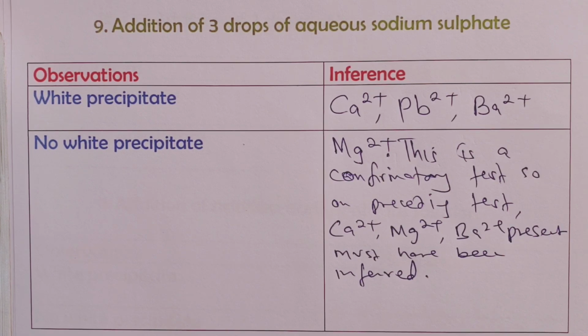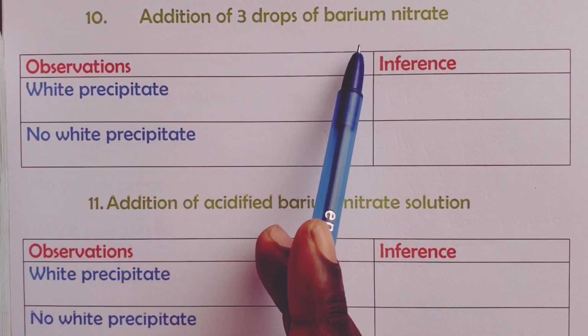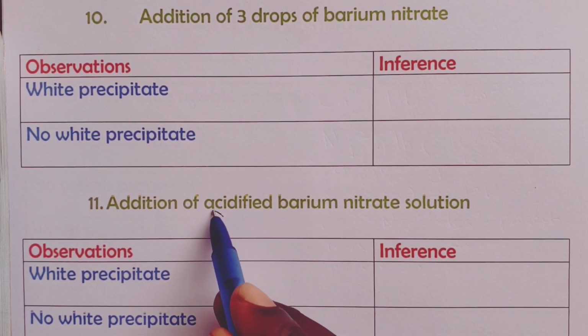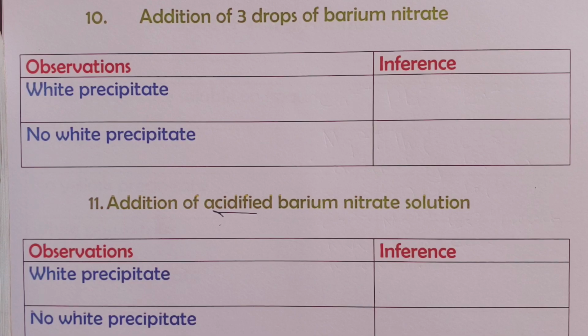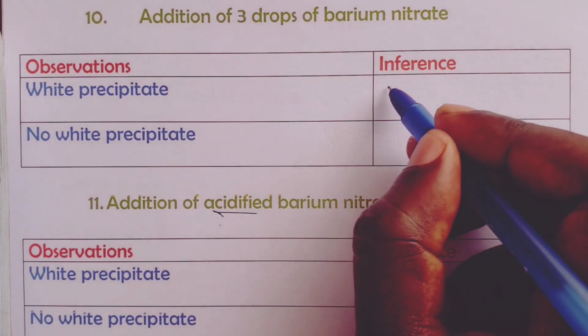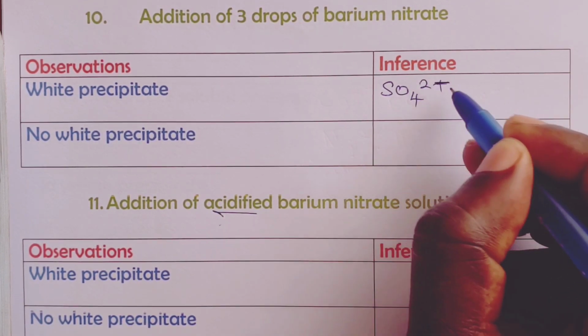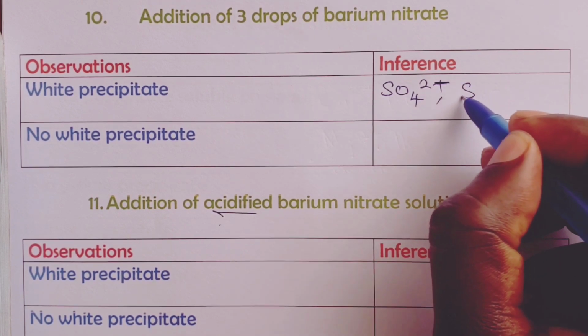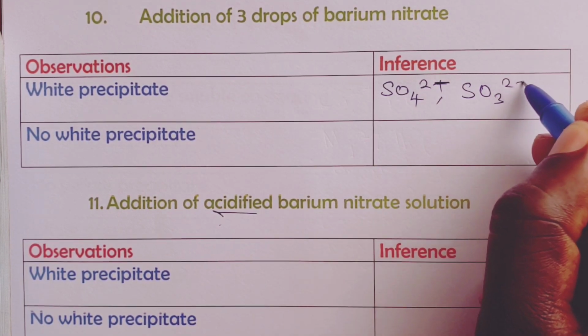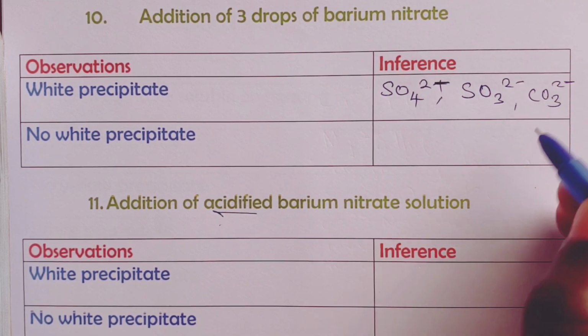Let's proceed to using barium nitrate as a reagent. So when using barium nitrate, we can have plain barium nitrate and we can have acidified. Let's begin with plain barium nitrate. If we see white precipitate, then we will infer that sulfate ions, sulfite ions, or even carbonate ions could be present.